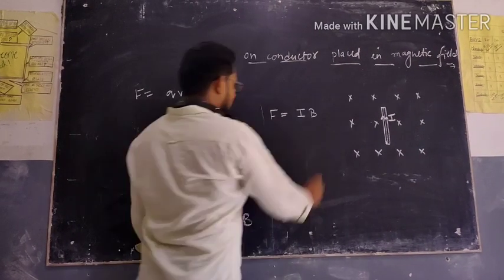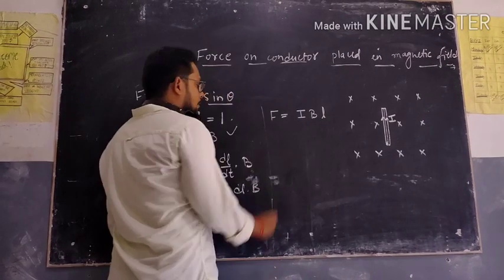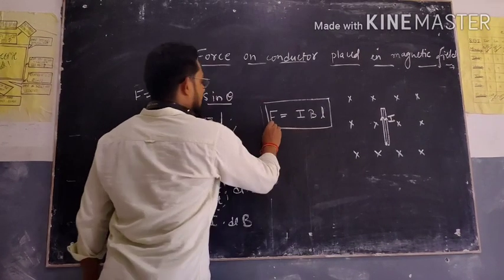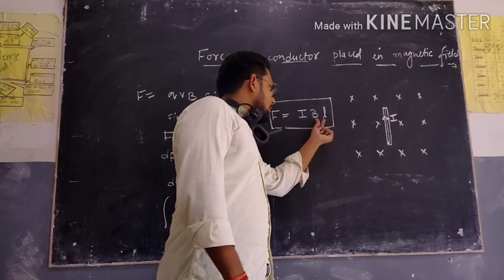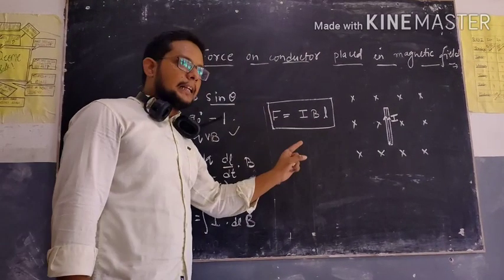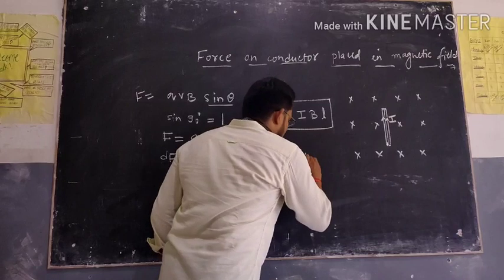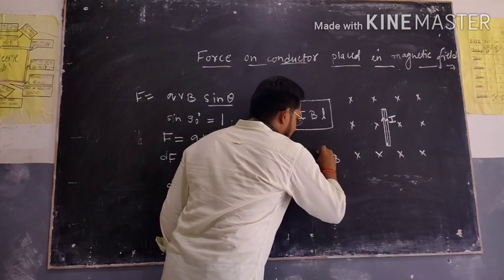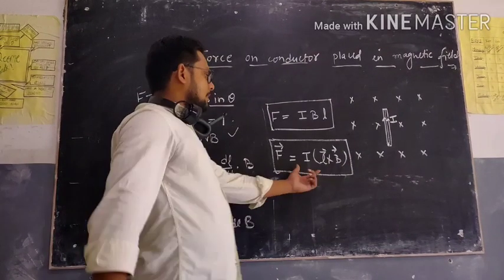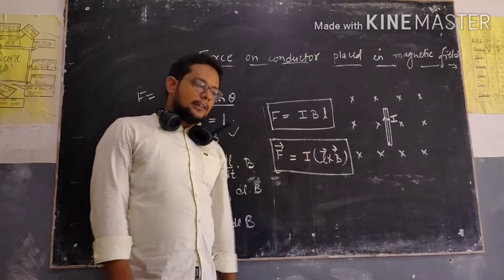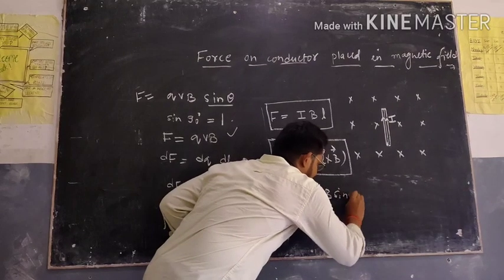We can extract I and B from the integration, and the integration of dl would be L. So the force experienced by a conductor placed in magnetic field is I into L into B. If we want to write it in a vector form, we can write it as F is equal to I into L cross B. My dear students, and the magnitude of I L cross B you already know, ILB sin theta.